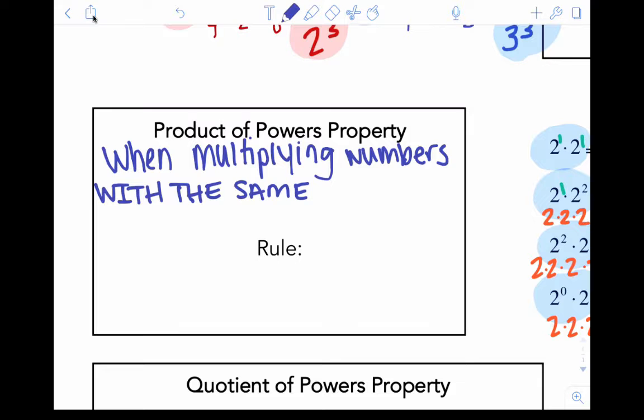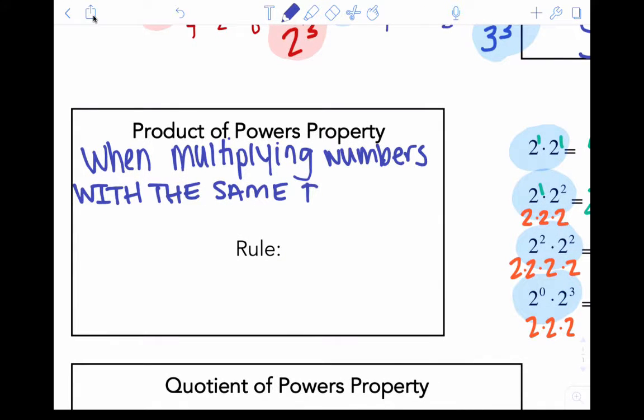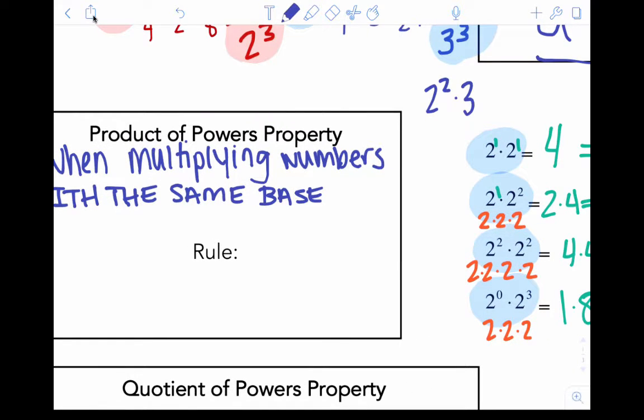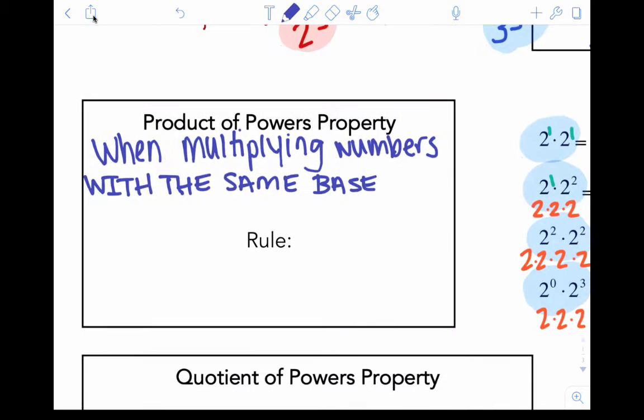If they have different bases, so say I have 2 to the second times 3 to the second, I cannot combine those at all. Right? Those are going to stay separate. I can only combine them if they have the same base. You're going to add the exponents. So when multiplying numbers with the same base, add the exponents.